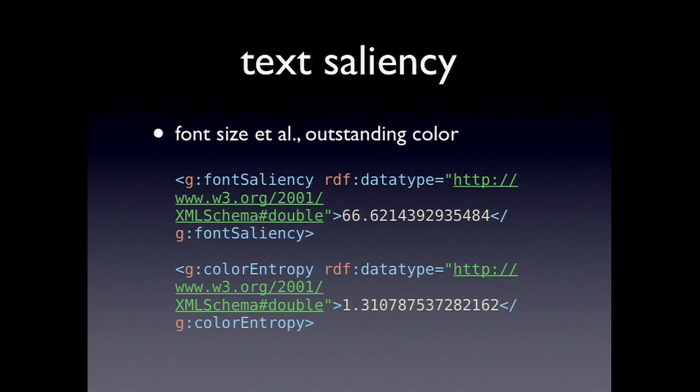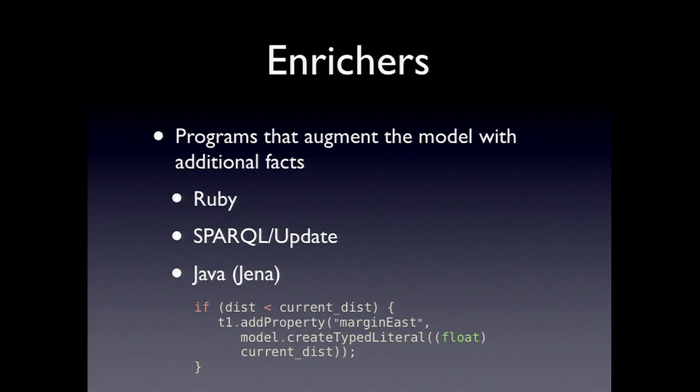It also depends on color entropy, which is basically looking, in a color space, at the distance between two colors. That tells us how large the contrast between foreground and background is, and also, as I said, looks at these font values of an element. So we have come up with a number that says this text is more outstanding than some other text. So how do we do all this, and how do we write this back into the model?